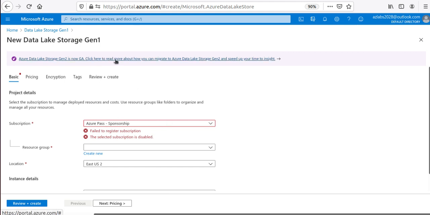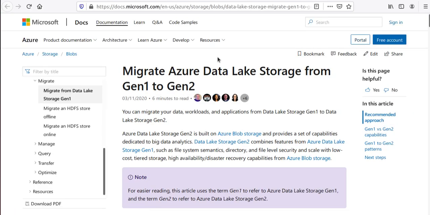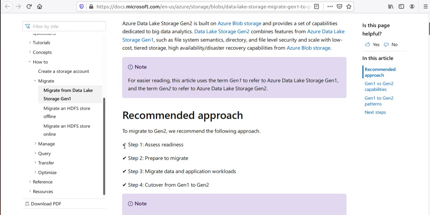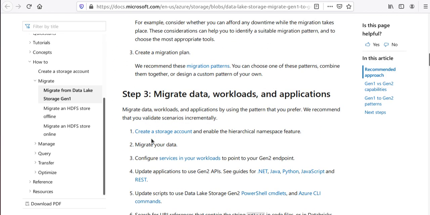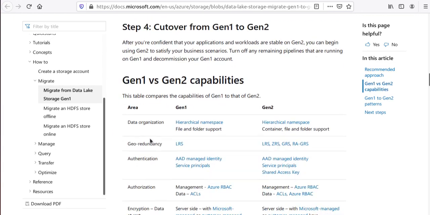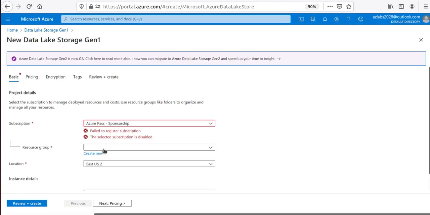You should not be using Gen 1 anymore, and you can click on this particular link, and it's going to tell you how to migrate your Gen 1, if you have one, to Gen 2. Here it's going to give you the recommended steps, how to migrate your data and all of that stuff.